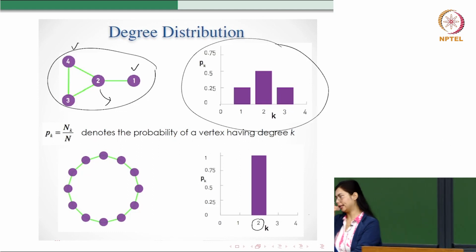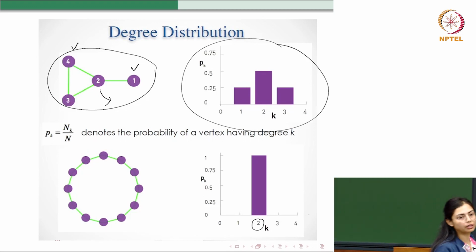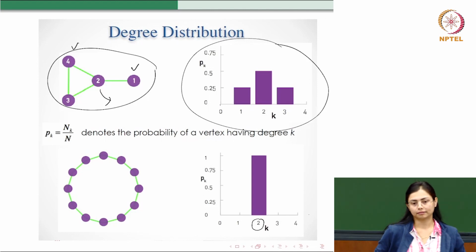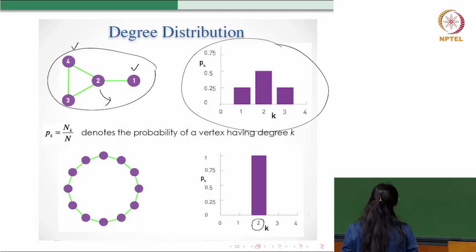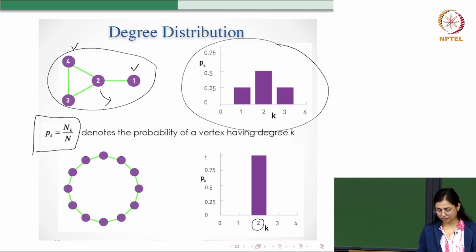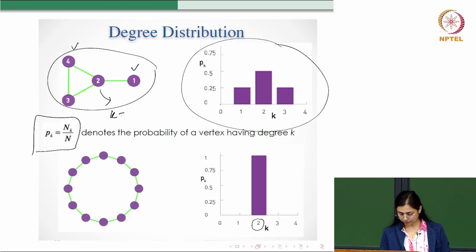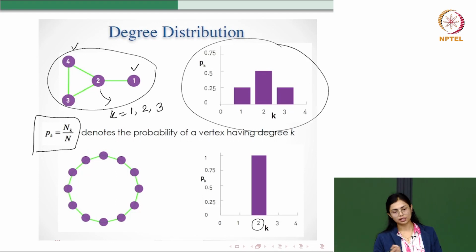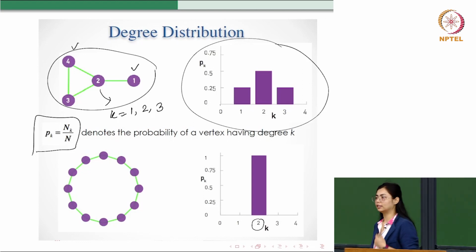So from here, can you interpret what is the meaning of degree distribution? Probability of having a certain degree. Yeah, correct. The probability of having a certain degree, and this is mathematically how we define it. N is the total number of nodes, and for k here, 1, 2 and 3, the number of nodes that have exactly degree k.